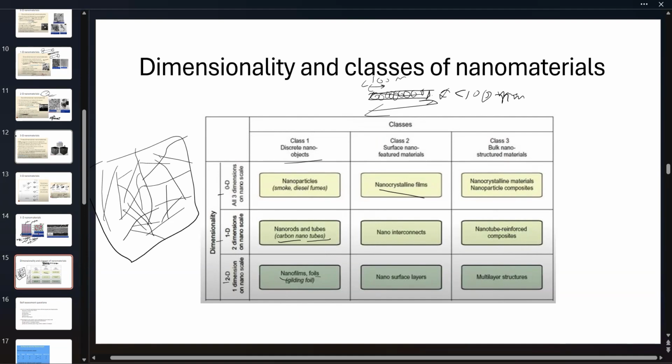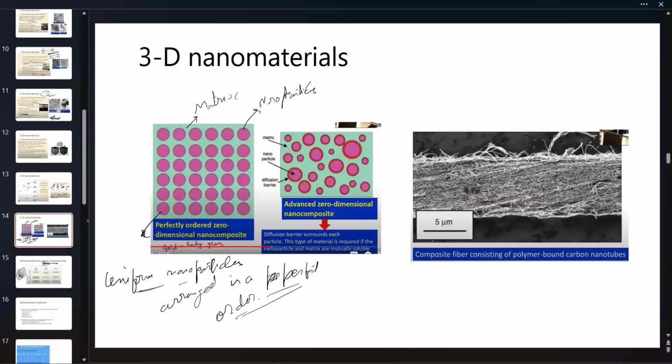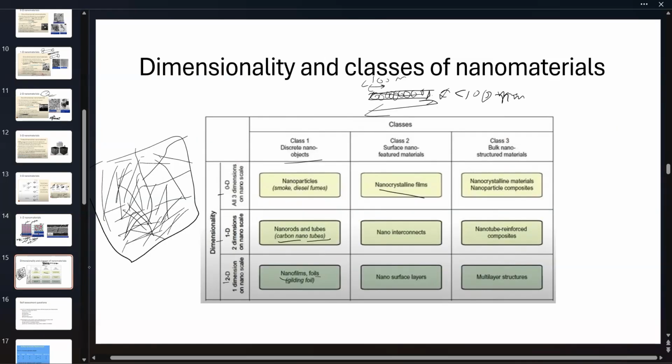It is very dense. If you join them together, it's similar to this. So you have a film again. This thickness, if it's very small, like 100 nanometers, you get a thin film made up of 1D nanomaterials.